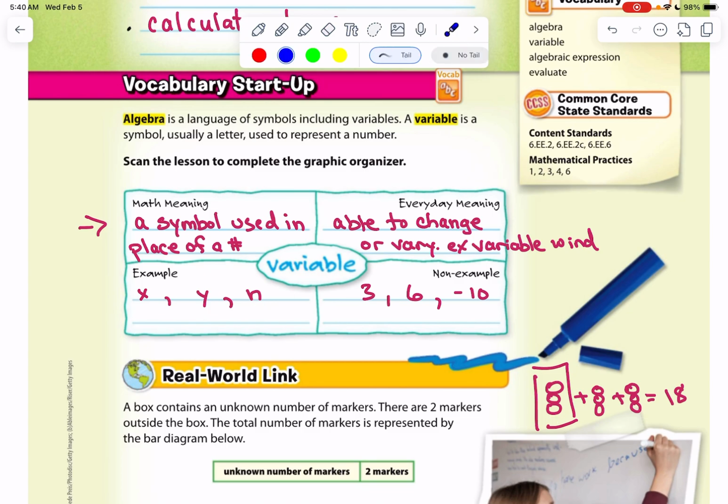All right, variable has an everyday meaning though, and that is just that something is able to change or vary. For example, you might hear a news broadcaster speak of variable wind, meaning wind doesn't blow at the exact same speed all day long. Okay? So here it says non-examples of variables. Numbers are not variables because they give an exact amount.